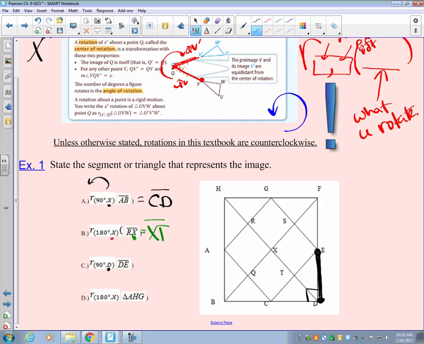So it's going to take this E and move it down here. So it's E prime, and D does not change since it's the center of rotation. So our new line is going to be here at CB.